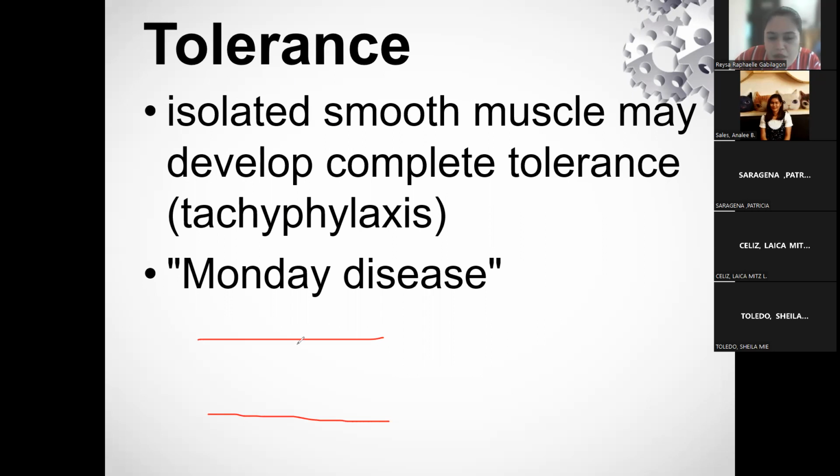However, isolated smooth muscles here in our blood vessels may become tolerant to the effect of the nitrates after some time. So, hindi na siya magdadilate, hindi na siya maapektuhan. Yung mga receptors dyan, hindi natatablan ng nitric oxide. Hindi natatablan ng nitrates. So, wala nang mangyayaring vasodilation. That's what you call tolerance class.